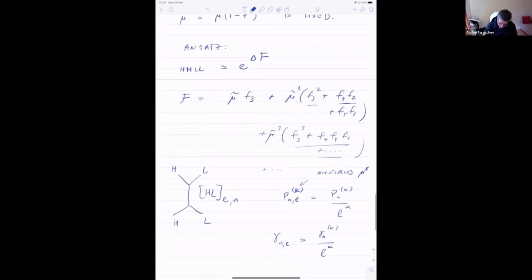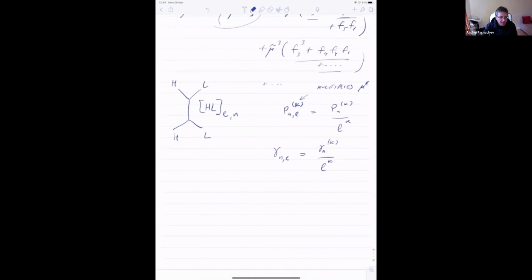Let's take the order mu, or rather order mu tilde, result and expand it in powers of Z. What I'm going to get is the light cone block of the stress tensor, expanded in powers of Z: some number plus some number times Z plus some number times Z squared plus dot dot dot, plus the same kind of series times log Z. That's what happens if you just substitute the corresponding numbers.